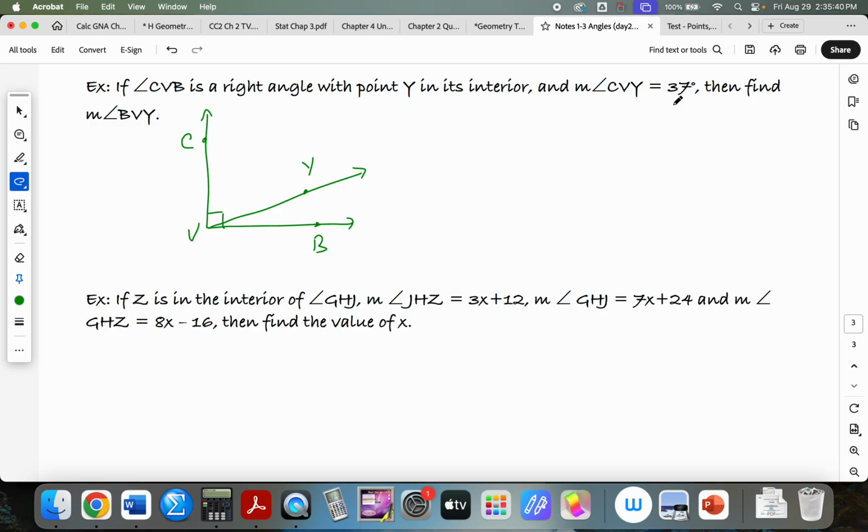And it says the measure of angle CVY, C is on one side, Y is on the other, here's the vertex, is 37 degrees. Find the measure of angle BVY. This angle. B is on one side, Y is on the other side, V is the vertex. So, Lauren, tell me how you would find the measure of this angle. 90 minus 37. Yeah, the whole angle is 90. 90 minus 37 is 53.